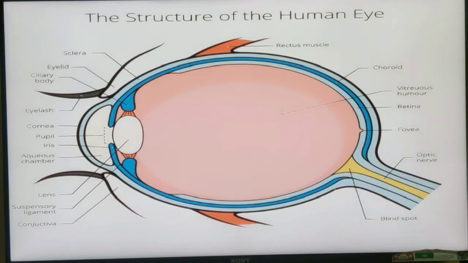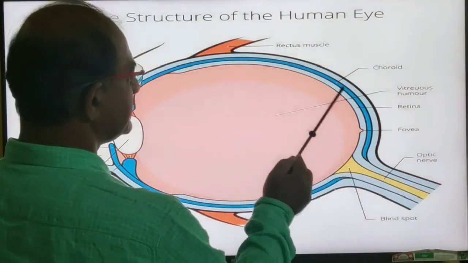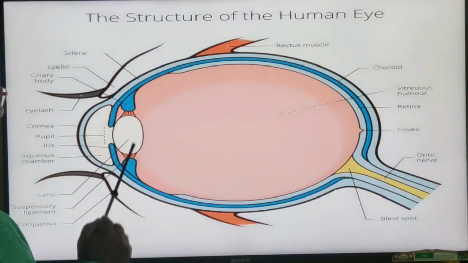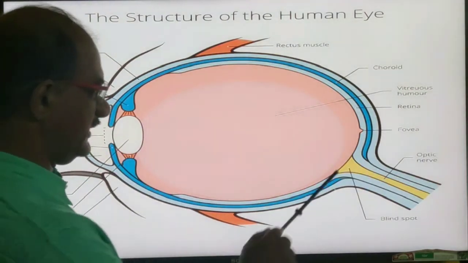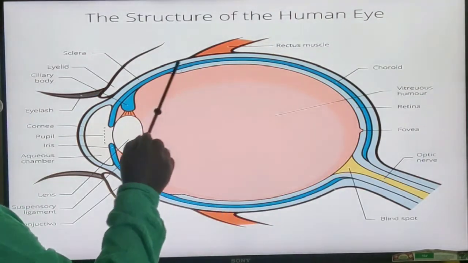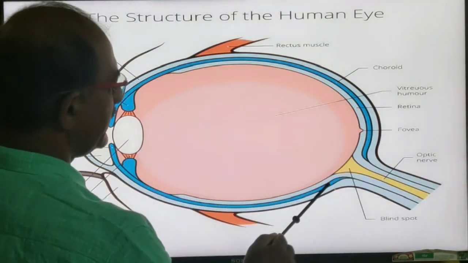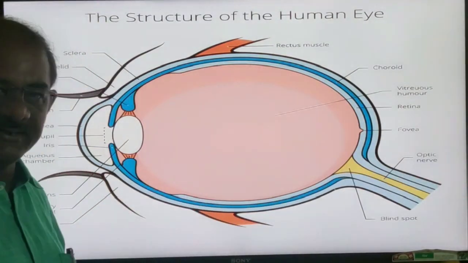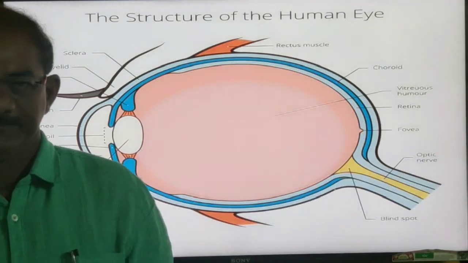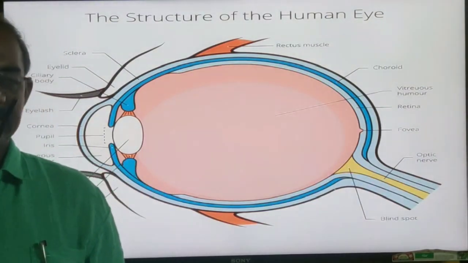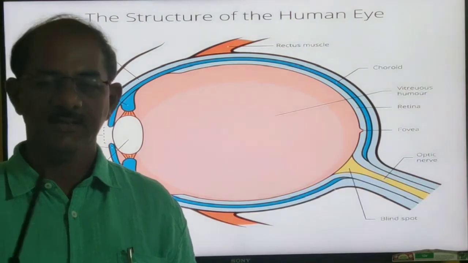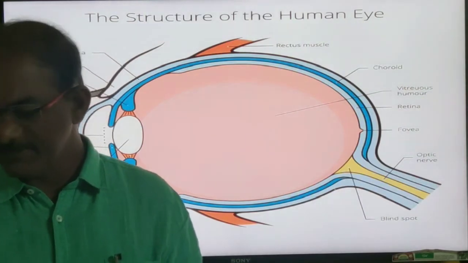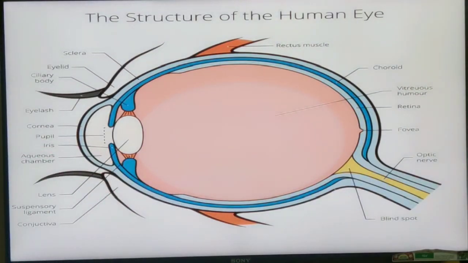It is a photosensitive part, and it consists of receptor cells, bipolar cells, as well as ganglion cells. So this is the inner coat of the eye, the retina.